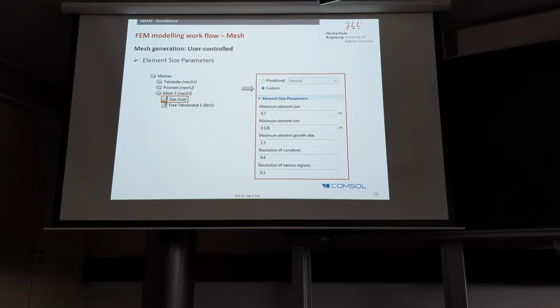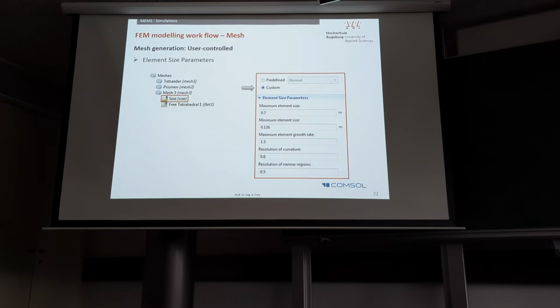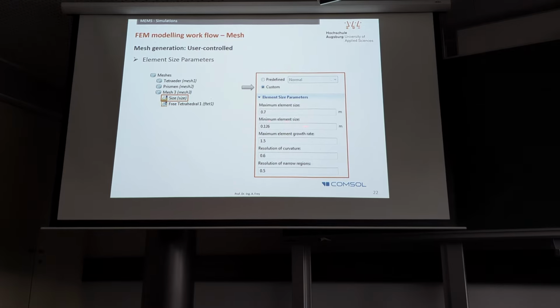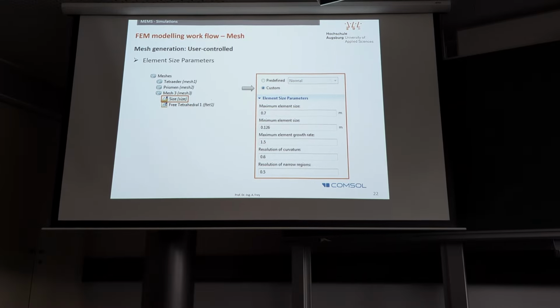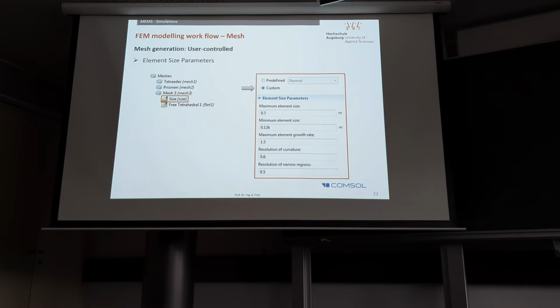This is something I would suggest to try out for a certain geometry, to see how that works. But if you change it, then you get a quicker transition. If the transition is quicker from fine mesh to larger, then overall you save mesh elements. If it takes a long distance to get coarser, then overall you will have more mesh elements.